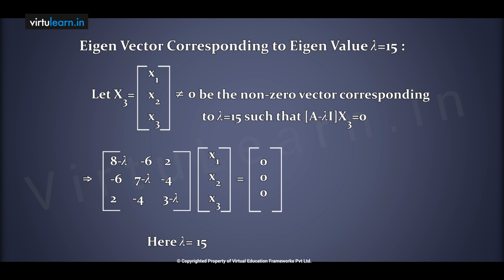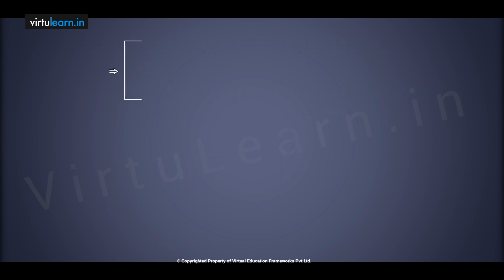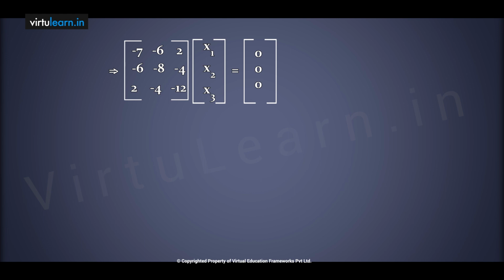After substituting, we get 8 minus 15, minus 7, minus 6, 2; minus 6, minus 8, minus 4; 2, minus 4, 3 minus 15, minus 12, into vector x1, x2, x3 equals 0, 0, 0.